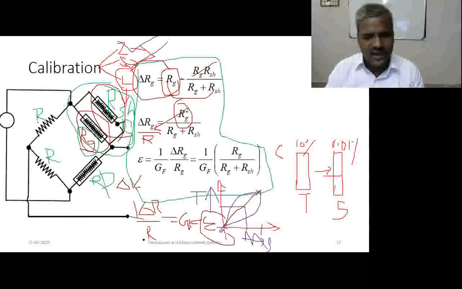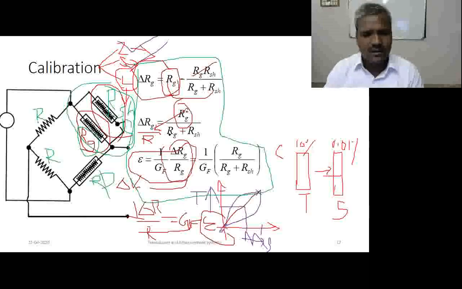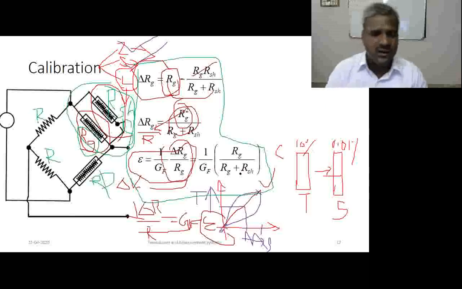Strain equals 1 by gauge factor into del Rg by Rg. So strain equals 1 by Gf, and instead of del Rg by Rg you can substitute Rg by Rg plus RSH. This is the procedure for estimating the strain value, or we can design the shunt resistor for a particular range of strain.